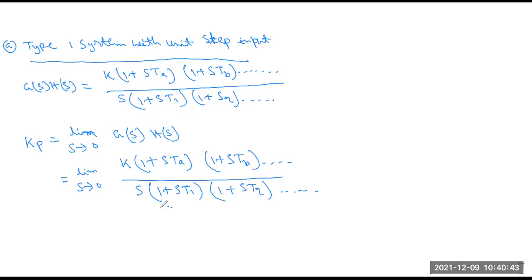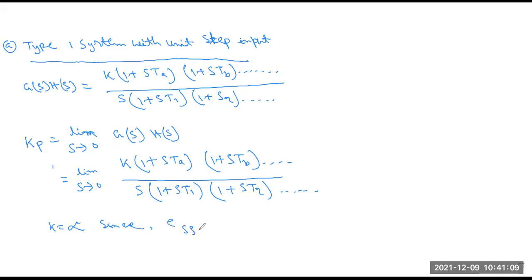In this case, we know that the proportional constant Kp is equal to K. This K is the proportional constant of the unit step response in the type 1 system. So here K is infinite.